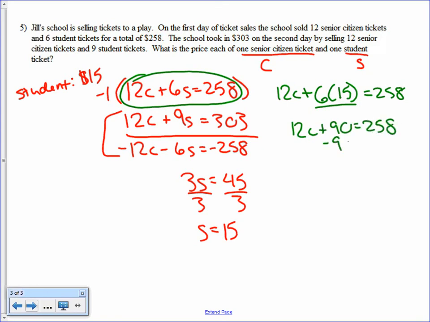Then subtracting 90 on both sides, 12C will equal 168. And then 168 divided by 12 will give me a C value of 14. So the senior citizen ticket cost $14.